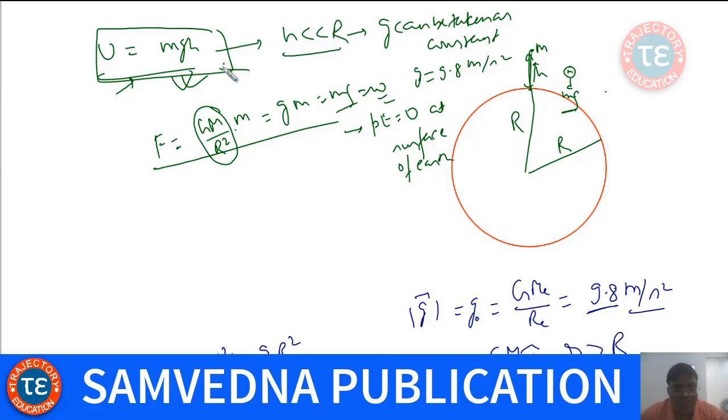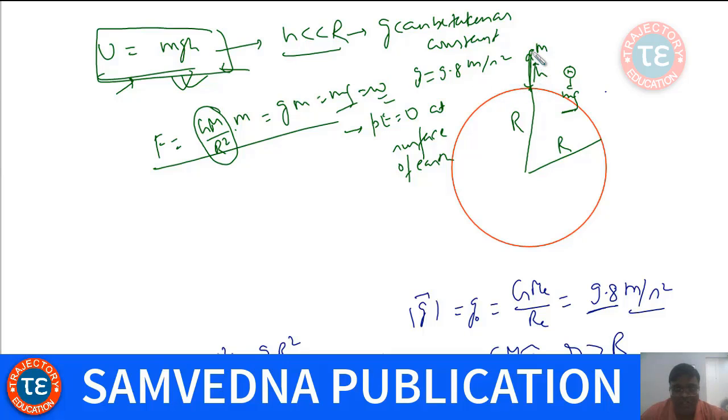So my point was, under what assumption do we use this? We have an assumption first that this h is very small compared to r, so small that g can be regarded as constant at this point. That is taken as 9.8. Second assumption is U is taken to be 0 on the earth's surface.